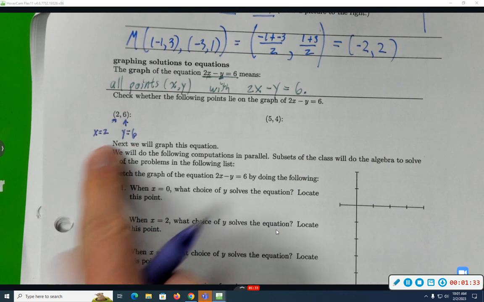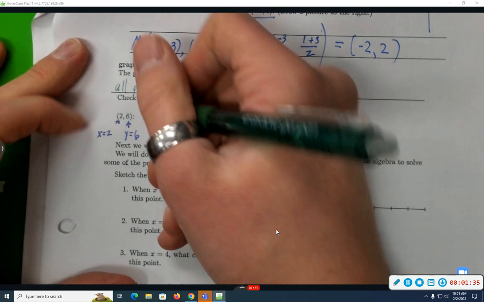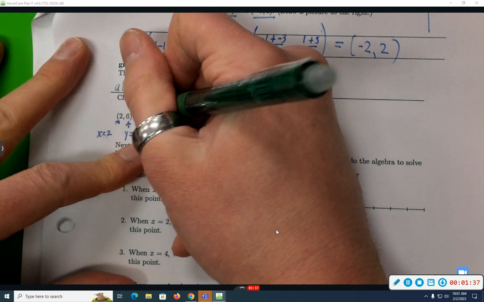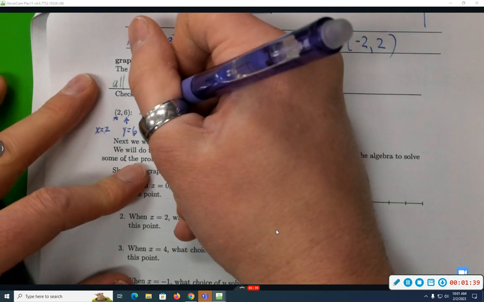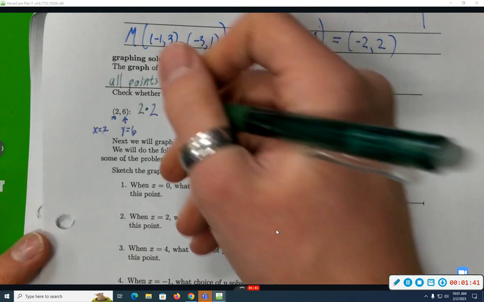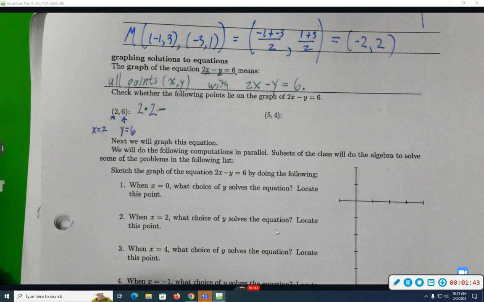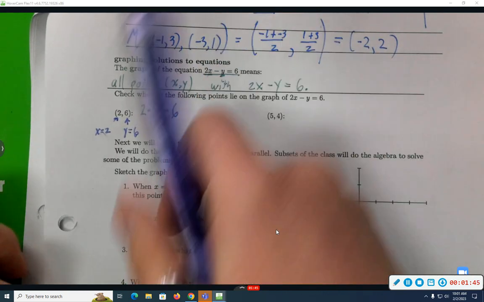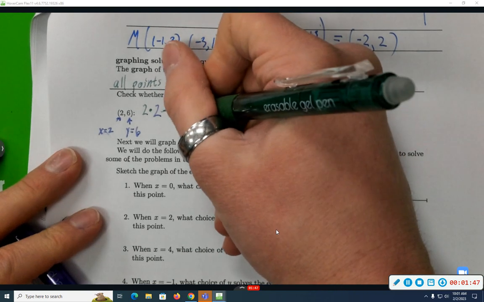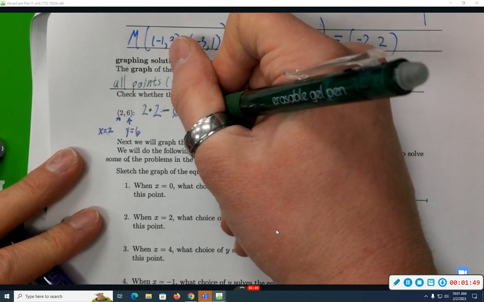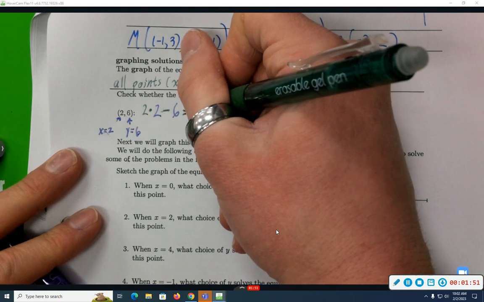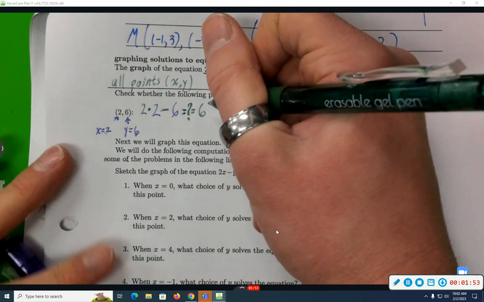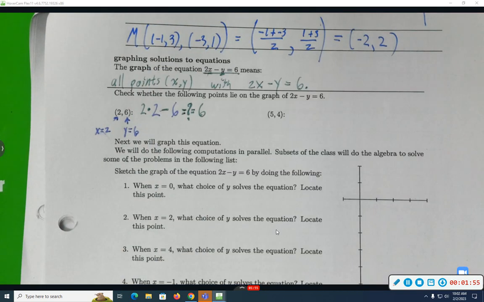So if you want to test whether this point is on the graph, that means you need to determine, is 2 times x minus y equal to 6? I'll put a question mark there because I don't know whether or not it is.